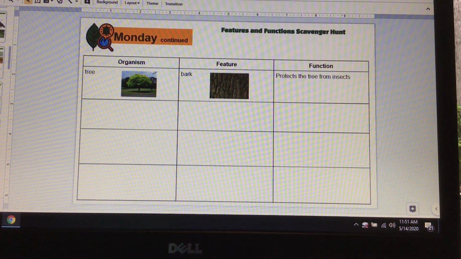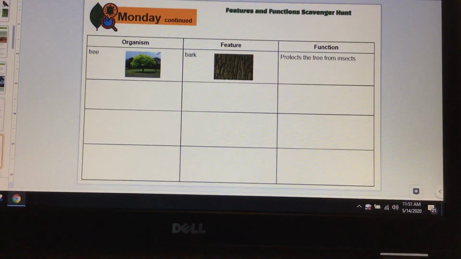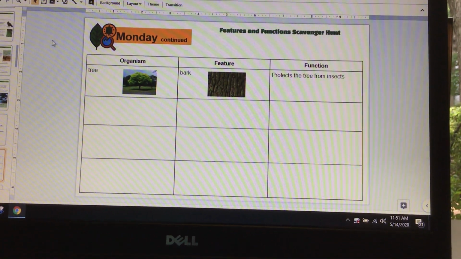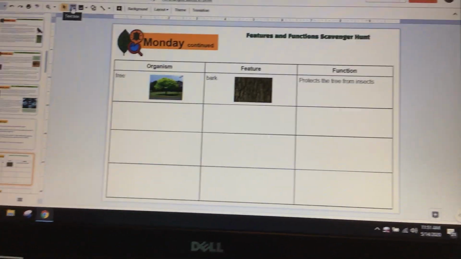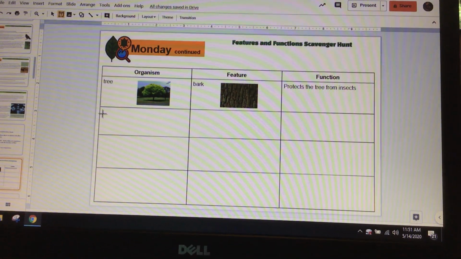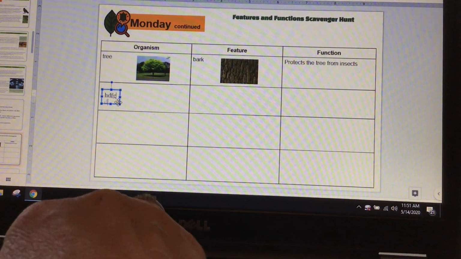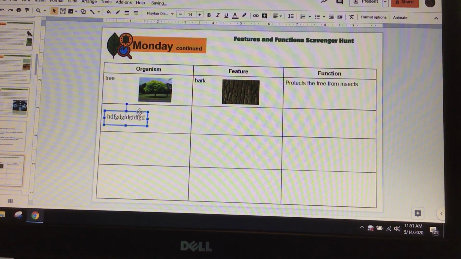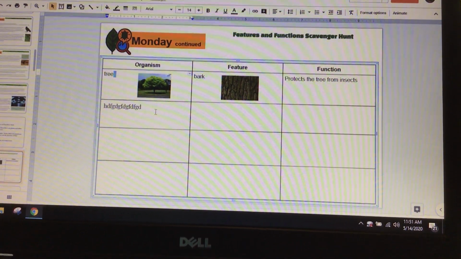All right, so now that you are back, you need to add yours to this particular chart, okay? So obviously, what you're gonna need to do is insert a text box, and you're gonna type your organism right in there, okay? And then you're gonna put a picture of what your organism is. Now you have a couple of choices, okay?